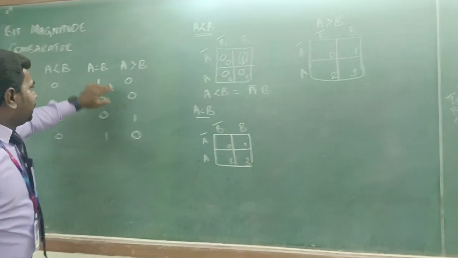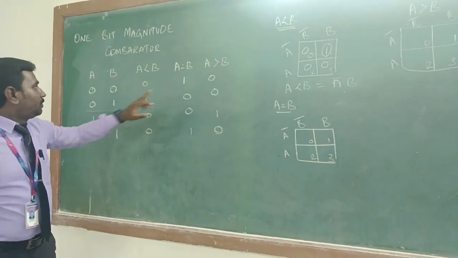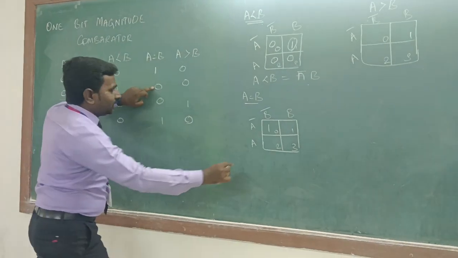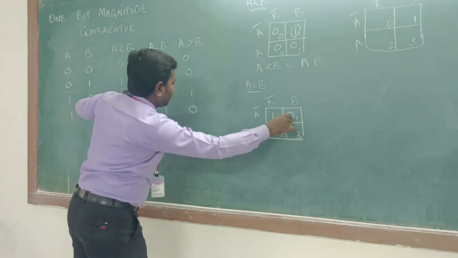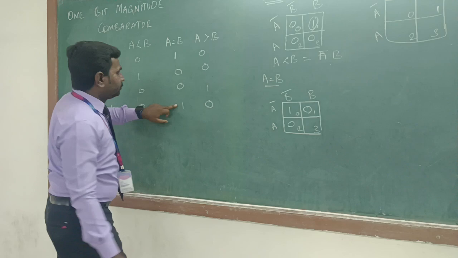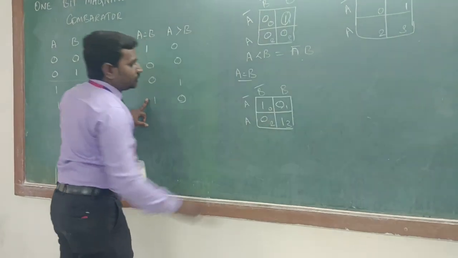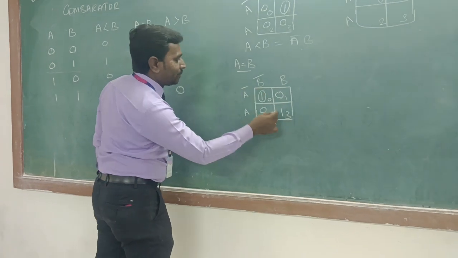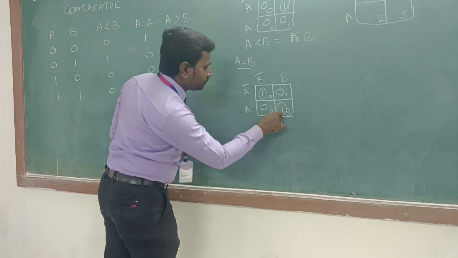So next, A equal to B. For A equal to B, box 0 is equal to 1 and box 1 is 0, the value of 2 is 0 and the value of 3 is 1. Since these two ones are in diagonal, we cannot map them as a single group. So I am mapping them as separate groups.